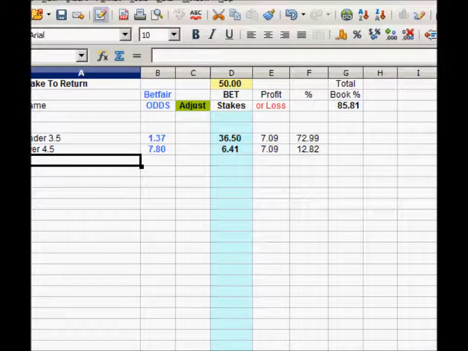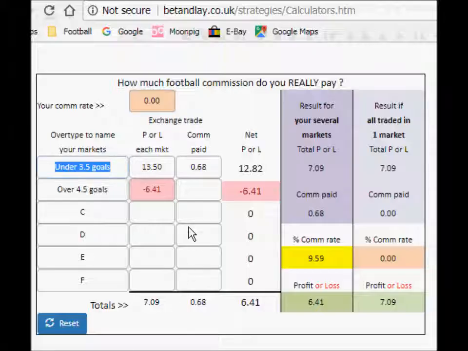So put those in the calculator. That's £13.50, look, the commission at 5% for that is 68 pence, and we've got a losing bet of £6.41. Now that gives us a commission rate of 9.59%, which is nearly twice our normal rate.